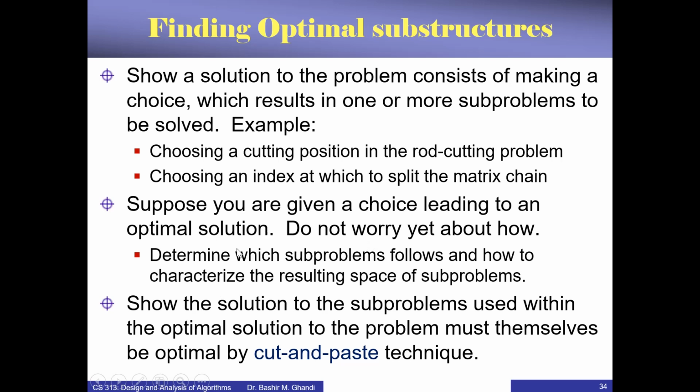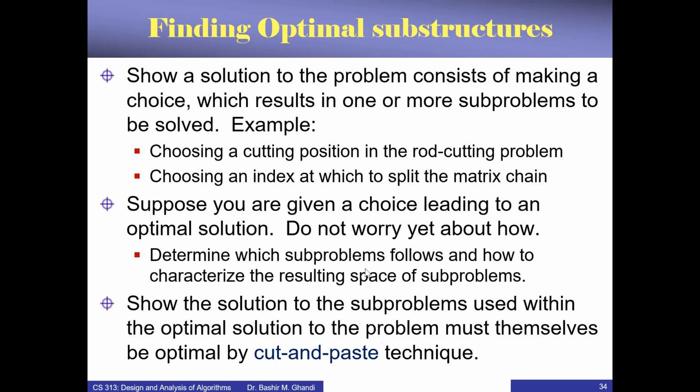Now, you need to also show that the solution to the subproblem has the optimal substructure property. And this can easily be done using a cut and paste proof by contradiction technique. Just assume you have another optimal solution to the subproblem, paste it in the original solution, and you see that you have a contradiction.